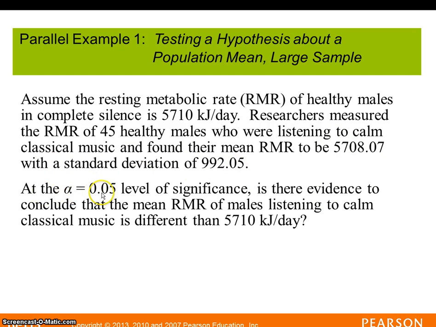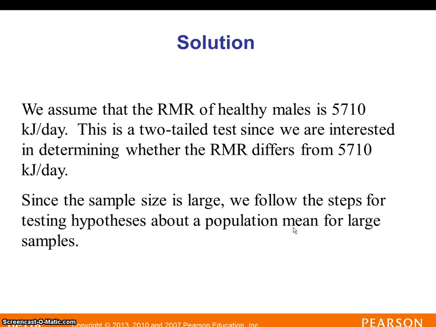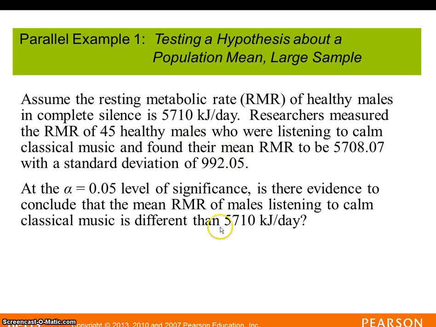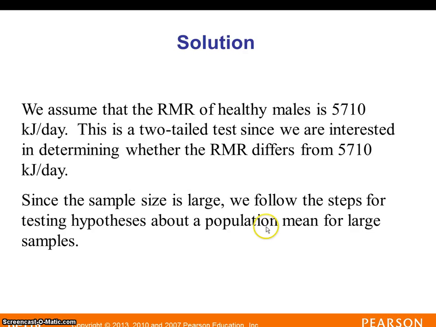At the alpha equals 0.05 level of significance, is there evidence to conclude that the RMR for males listening to calm music is different from this value? Again, we want to use a t-statistic in this case, and it will be a two-tailed test since we're trying to determine if it's different from this.